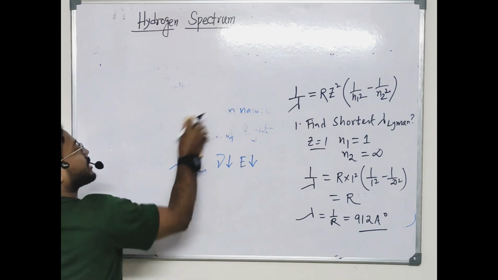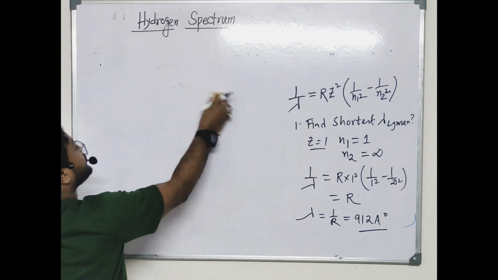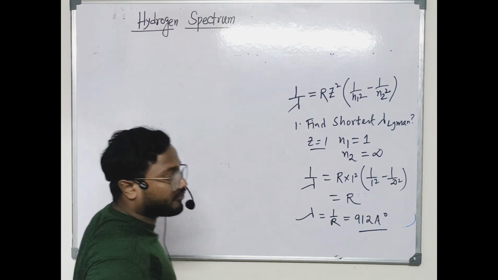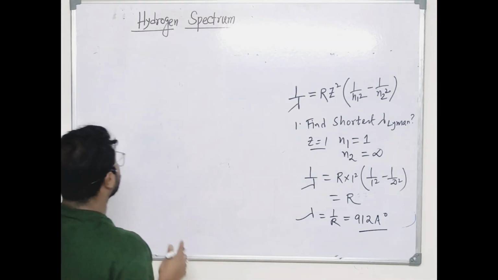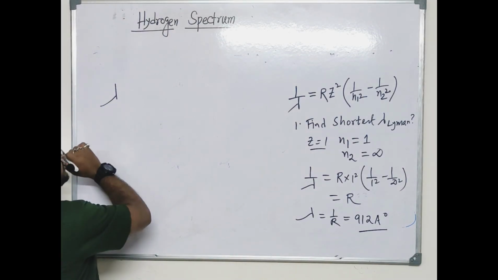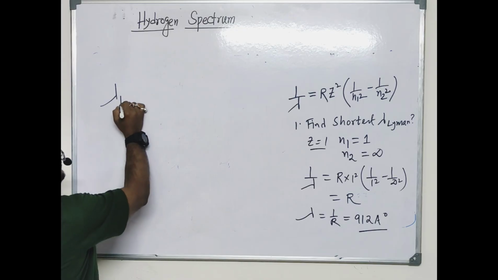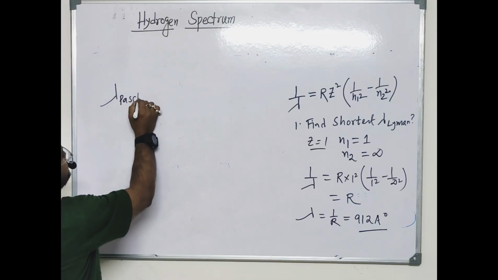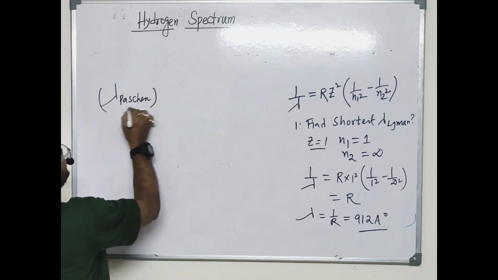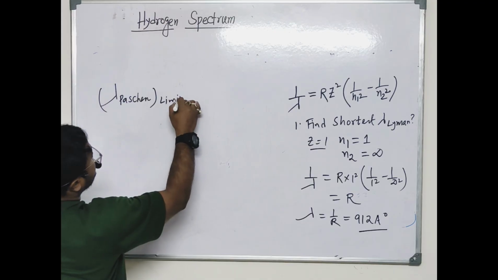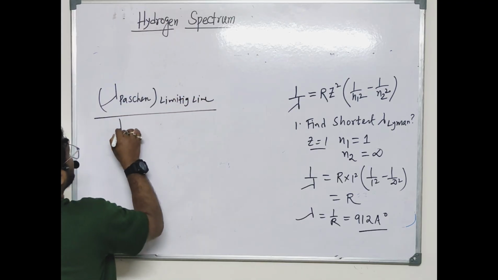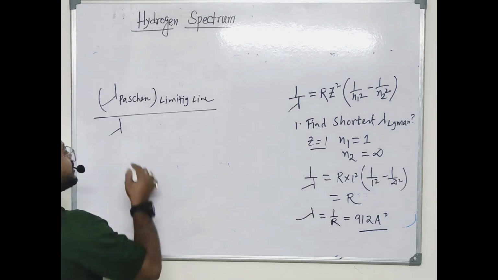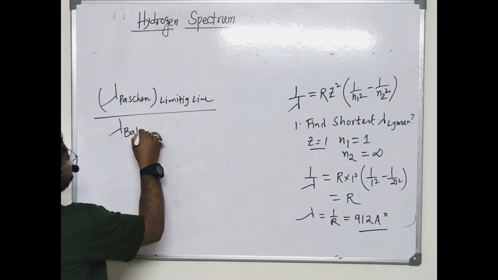Another type of question they can ask you, that is, find out the ratio of wavelengths. I can take the ratio of wavelengths. See, they can ask you what is lambda Paschen limiting line is to lambda, let us consider I am taking Balmer.